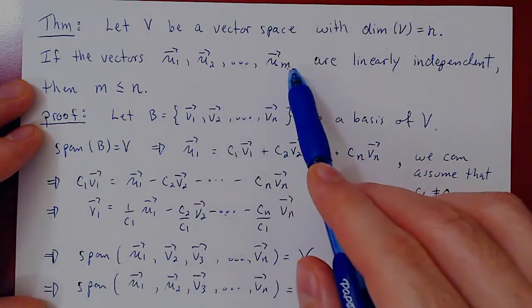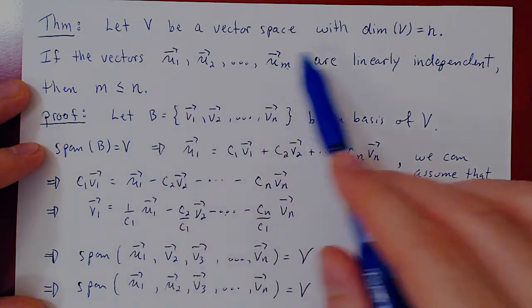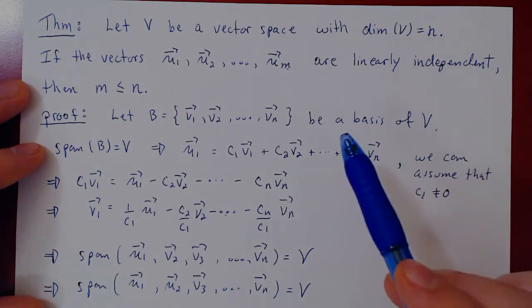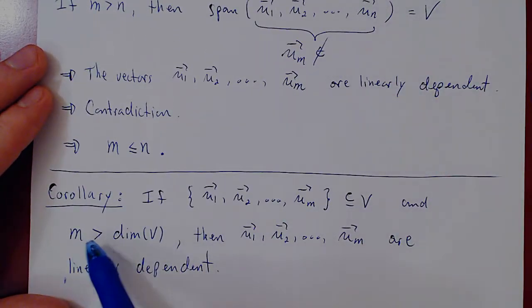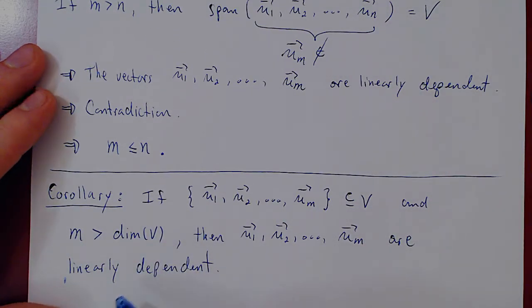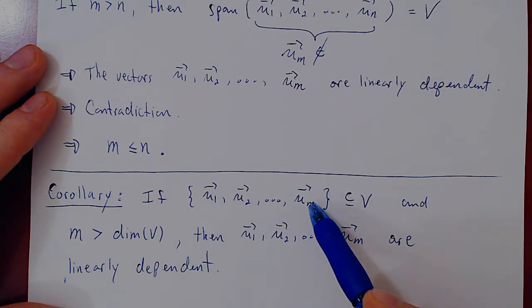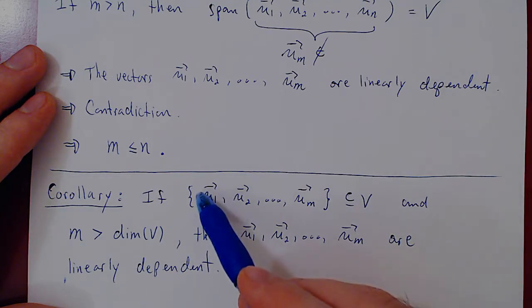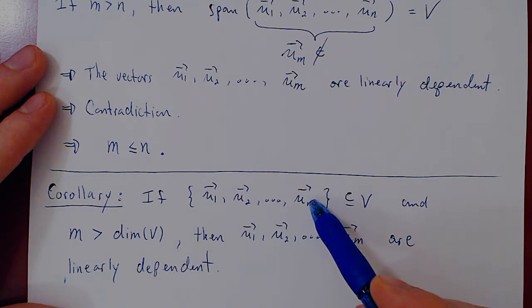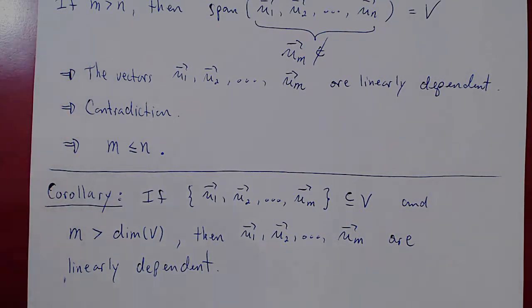If we have m linearly independent vectors, m must be at most the dimension of the space. But that is a contradiction because we assumed here that m was strictly greater than the dimension of the space. You see, if these vectors were linearly independent, m would have to be less than or equal to the dimension of the space. As it is not the case, our assumption is faulty, so these vectors cannot be linearly independent, therefore they must be linearly dependent, and that's the proof.